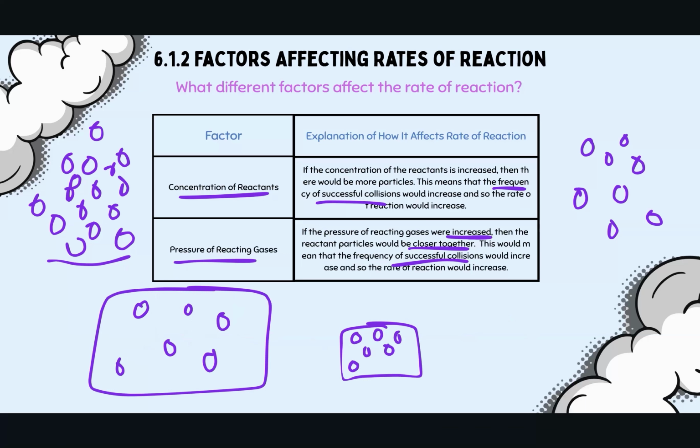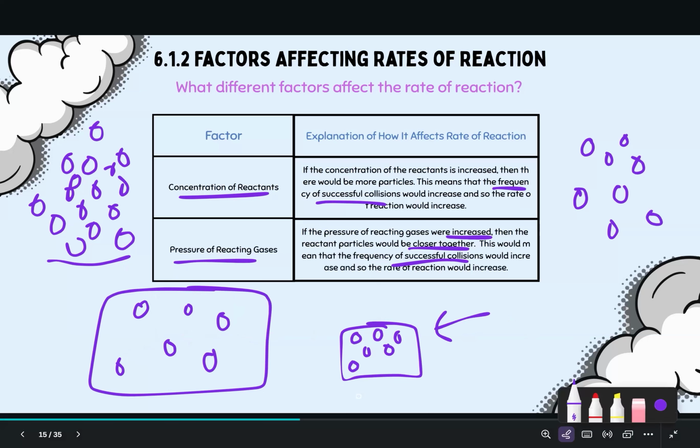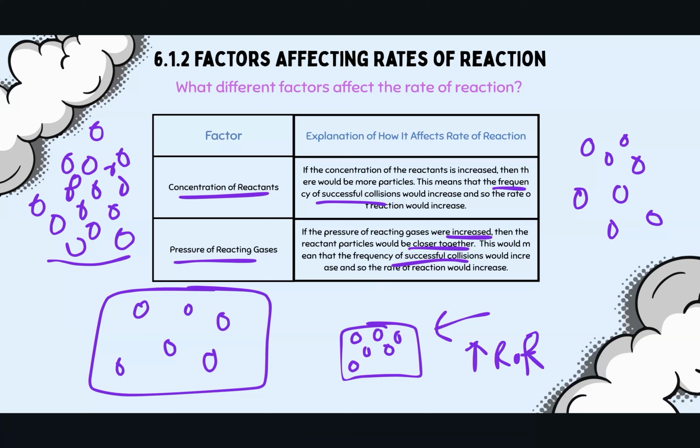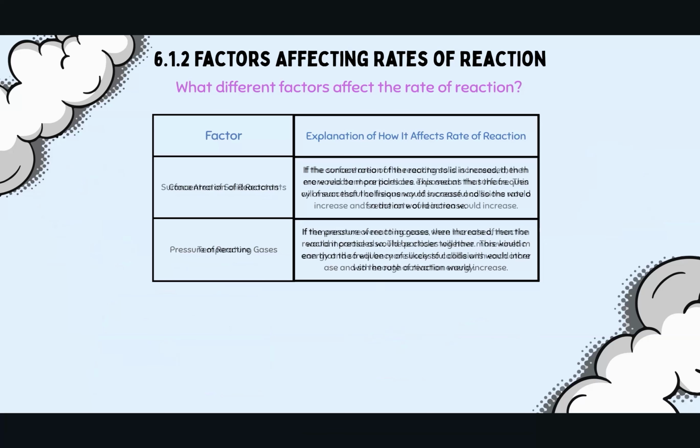Now, if there's a higher pressure here, that means the particles are closer together. That means they're more likely to collide, as in more successful collisions. That increases the rate of reaction. So logical steps. It's all logical. It just requires time to memorize. If you understand it, you don't need to memorize it.